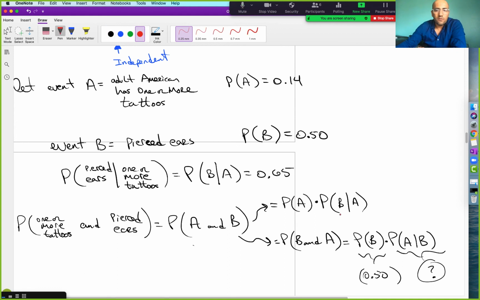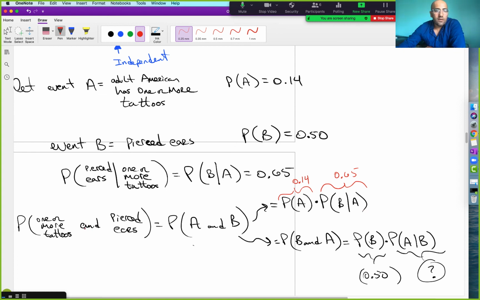Good. So this is good, but we don't have this one. So instead, we want to use this one. They did give us the probability of A. That one was 0.14. And we have the probability of B given A, which is equal to 0.65. Good.